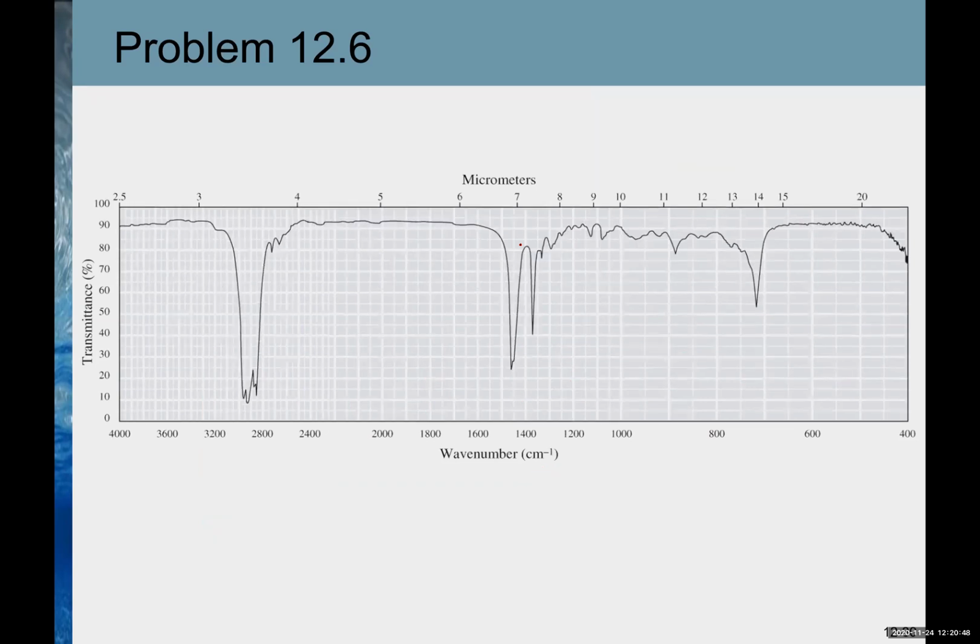So now this should be easy. What is this? Nonane. Let's label it. In alkanes, how many peaks do we label normally? Only 3.